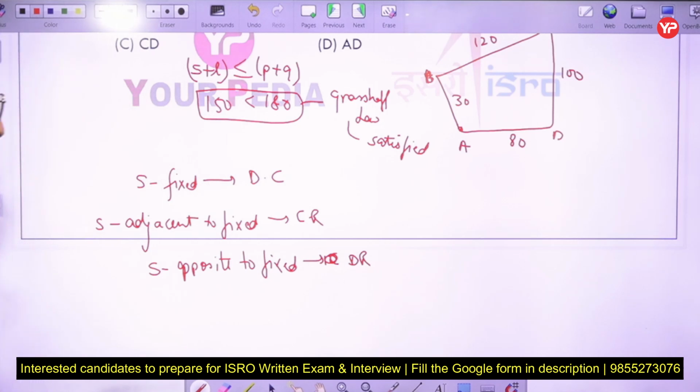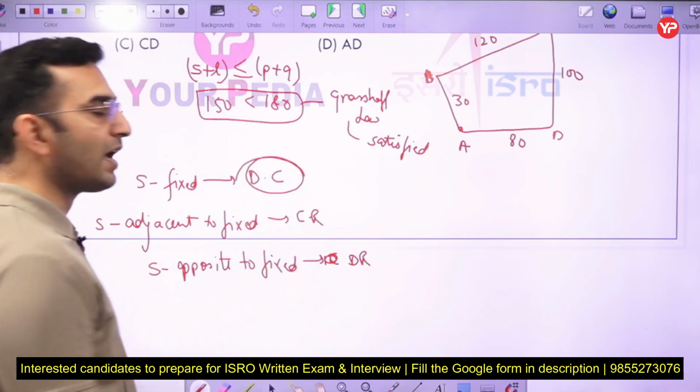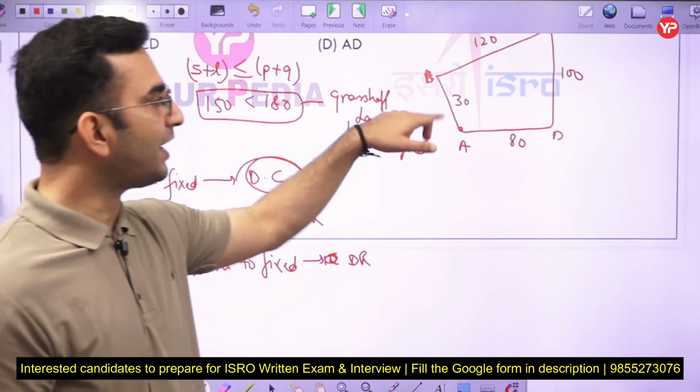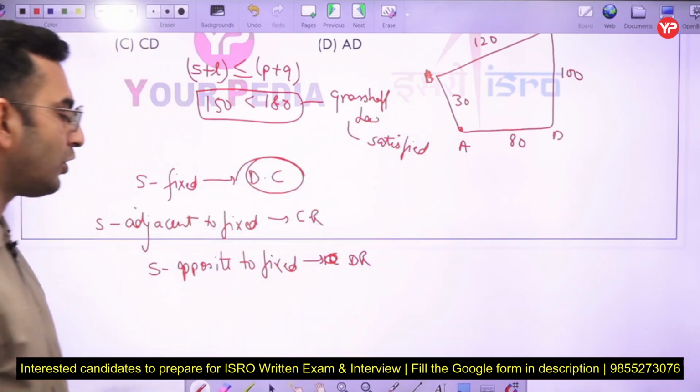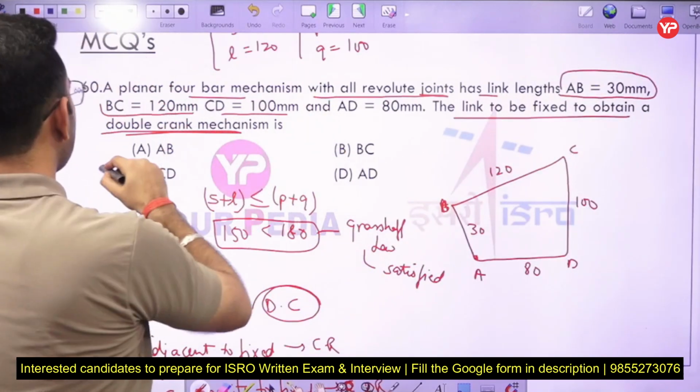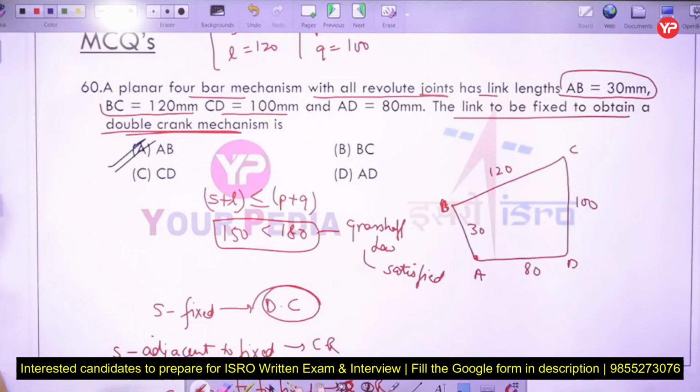So in order to obtain the double crank mechanism, we have to fix the smallest link. So the AB link has to be fixed, and option number A has to be the correct answer in this case.